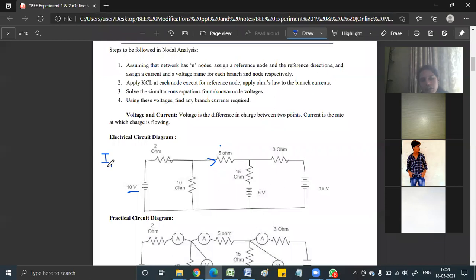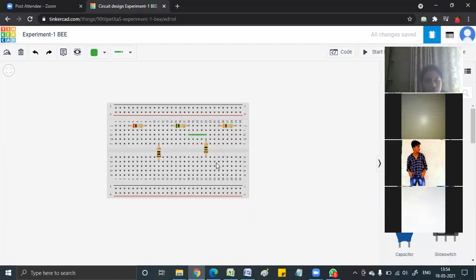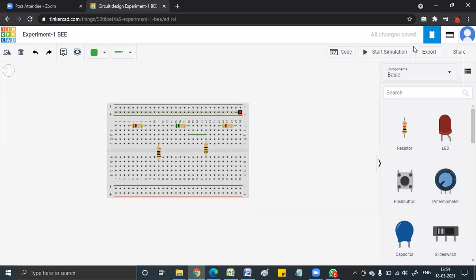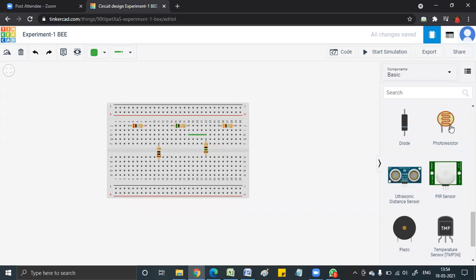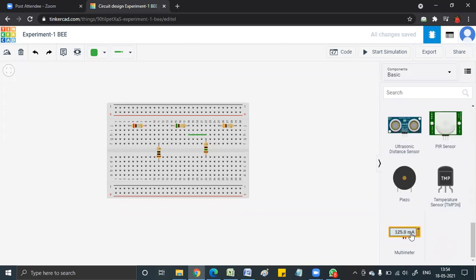So what connection should I do on Tinkercad? Connect a multimeter across the 5 ohm. Okay, so I'll connect a multimeter. Multimeter is there.